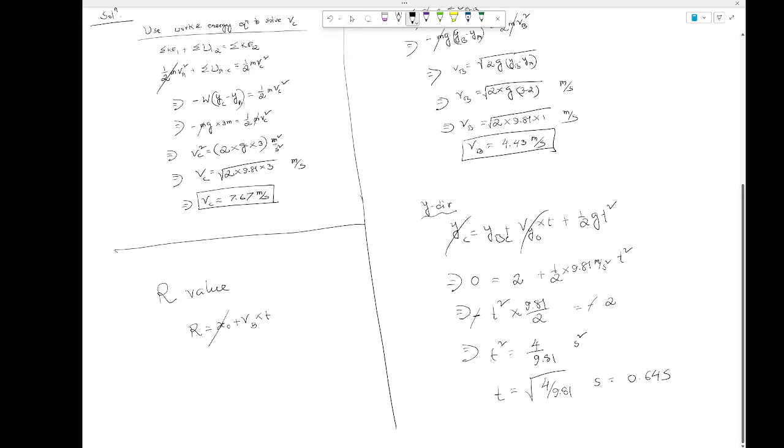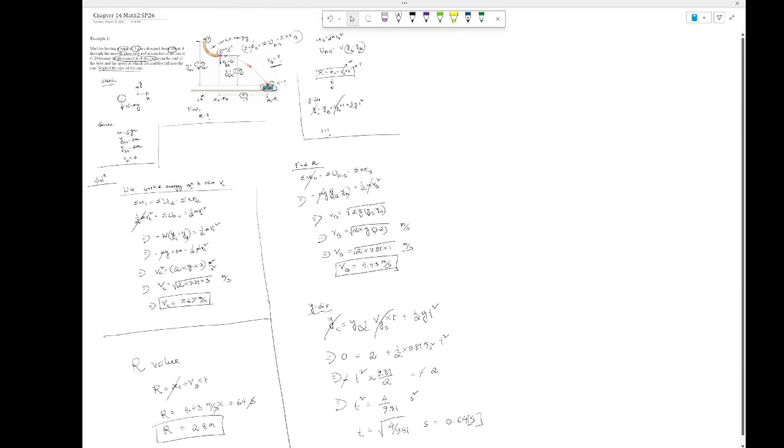Now x0 is 0, so R should be the value of VB, which is 4.43 meter per second, multiplied by t, which is, by the way, second, right, not 5, so 0.64 second. This second is going to cancel out, and you'll have a final answer of 2.8 meter.